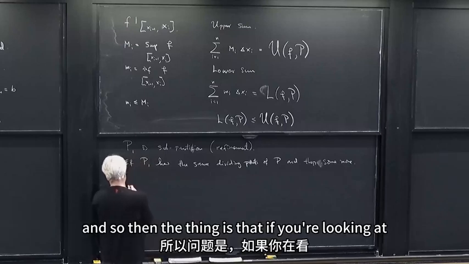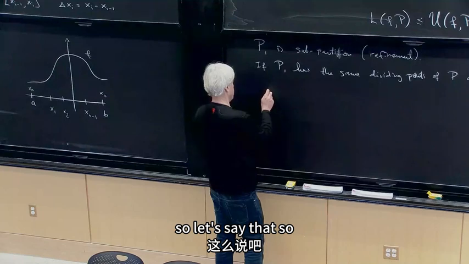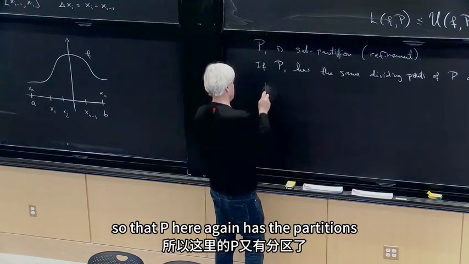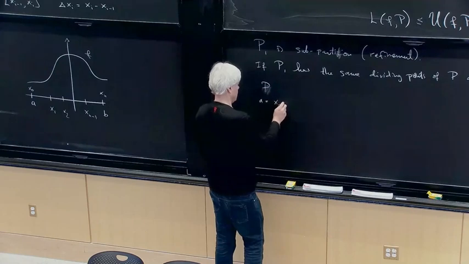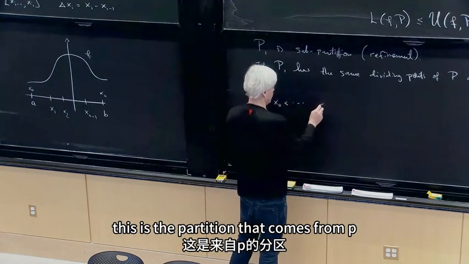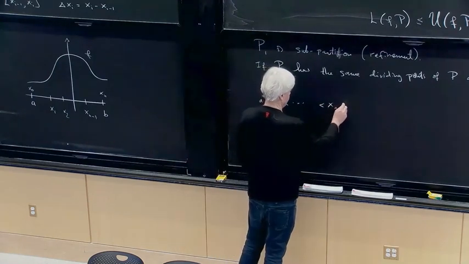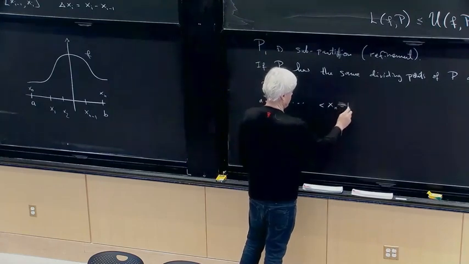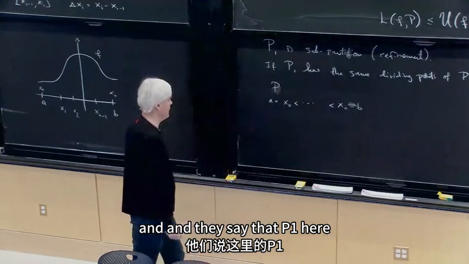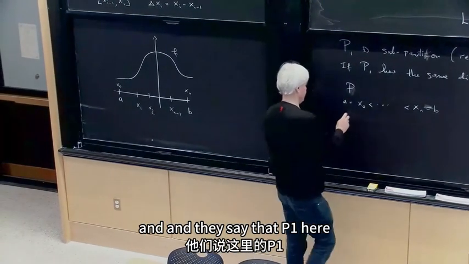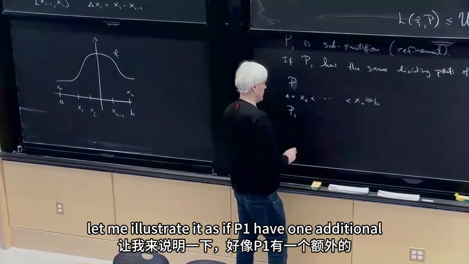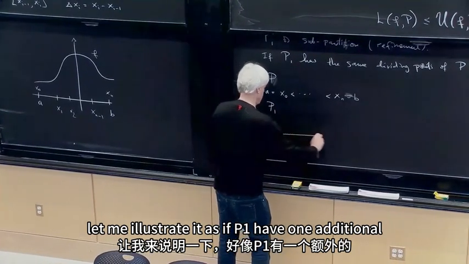So let's say that P again has the partition points. This is the partition that comes from P. Let me illustrate it as if P1 had one additional point.